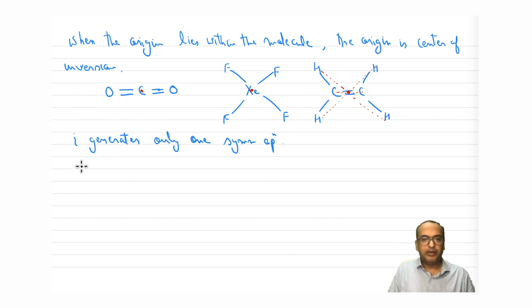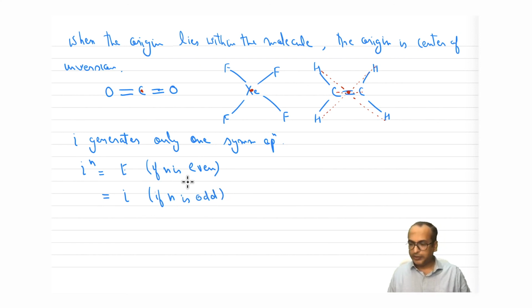So that would mean i to the power n will give rise to E if n is even, and i to the power n will give rise to i if n is odd. Okay.